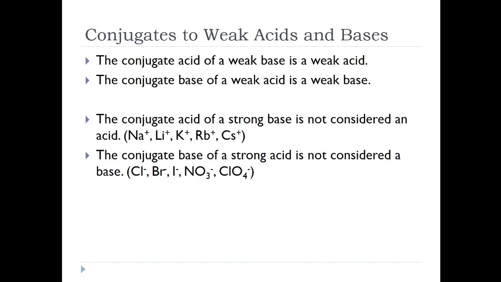Pretty much what that's saying is any positive charge, so cation, is going to be considered an acid, and a negative charge, which are called anions, are going to be considered a base.